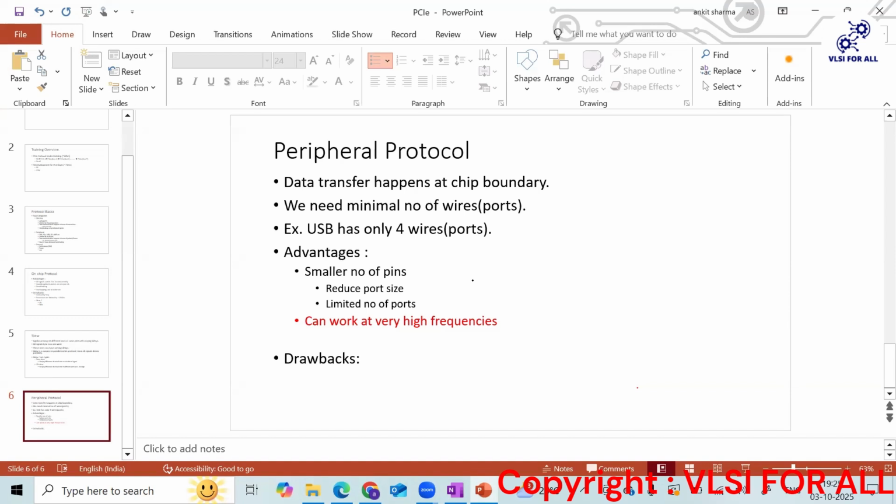But we are talking here first about how we can achieve very high frequency. How will setup and hold violation not occur? That's my question, first. So how will setup and hold violation not occur? Some of you are very close, but I want the crisp and correct answer.